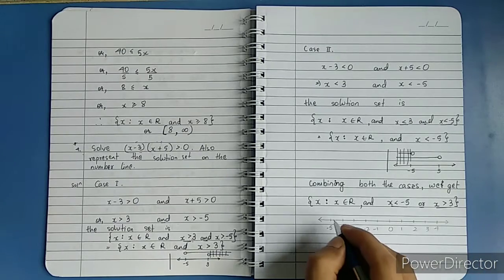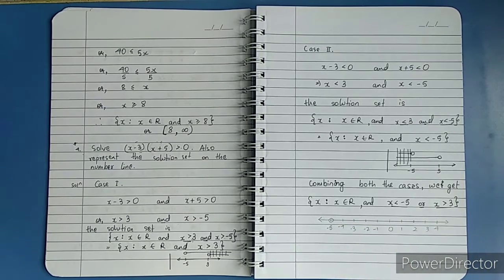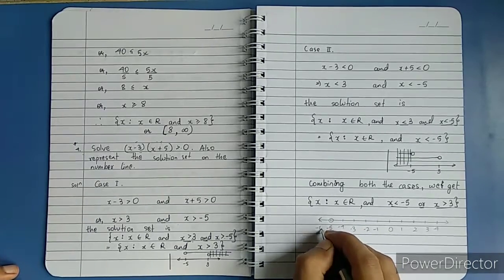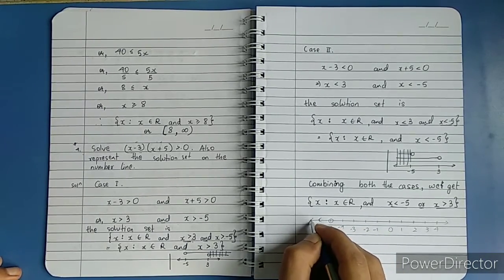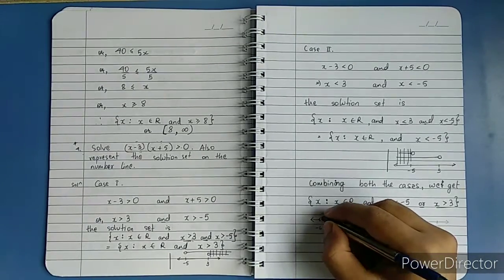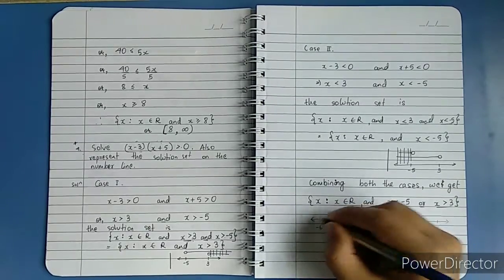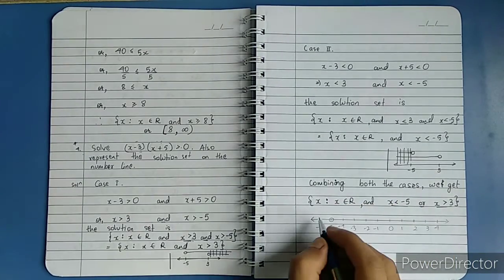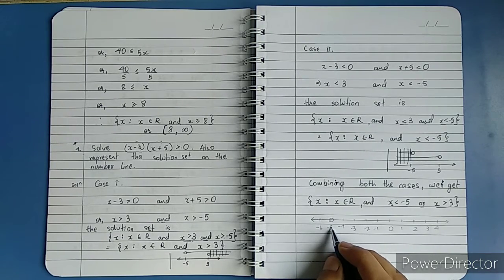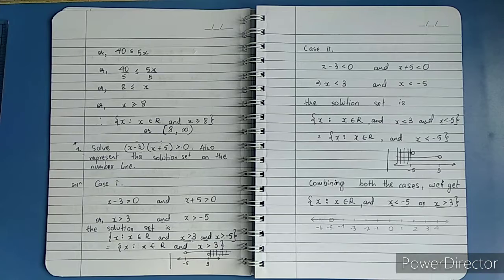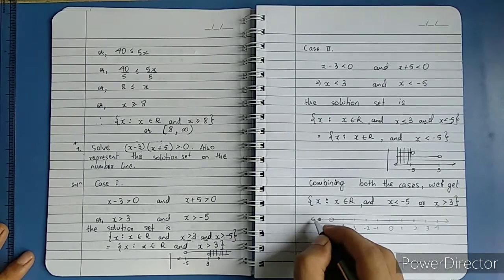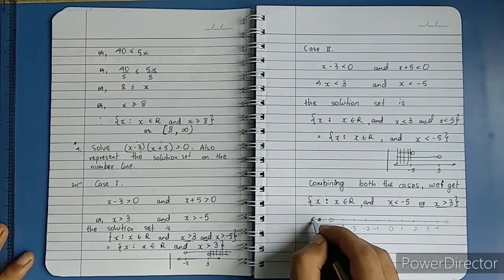So x is less than minus 5. Minus 5 is not included. Let's just add one more number. Let's say this is minus 6. So minus 5 will not be included, and x is less than minus 5 means minus 6 is included, and this also we need to bold.